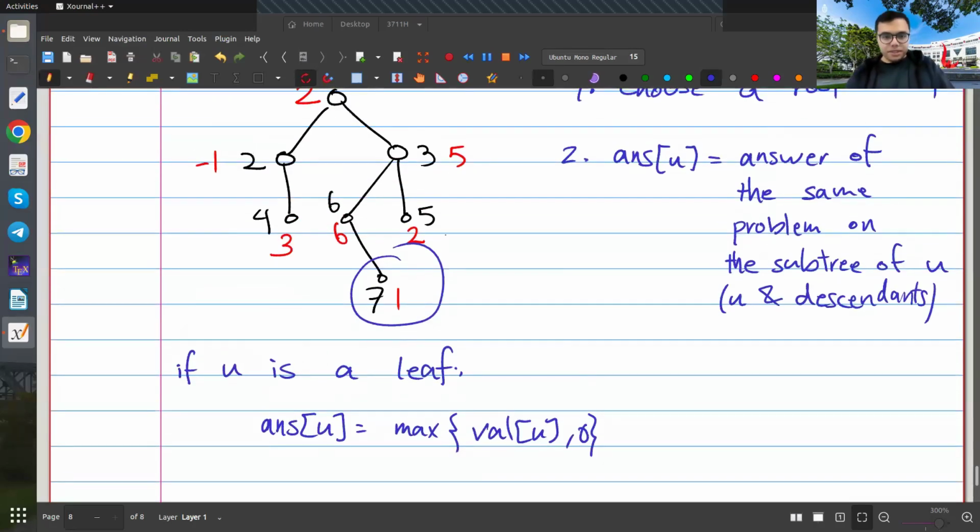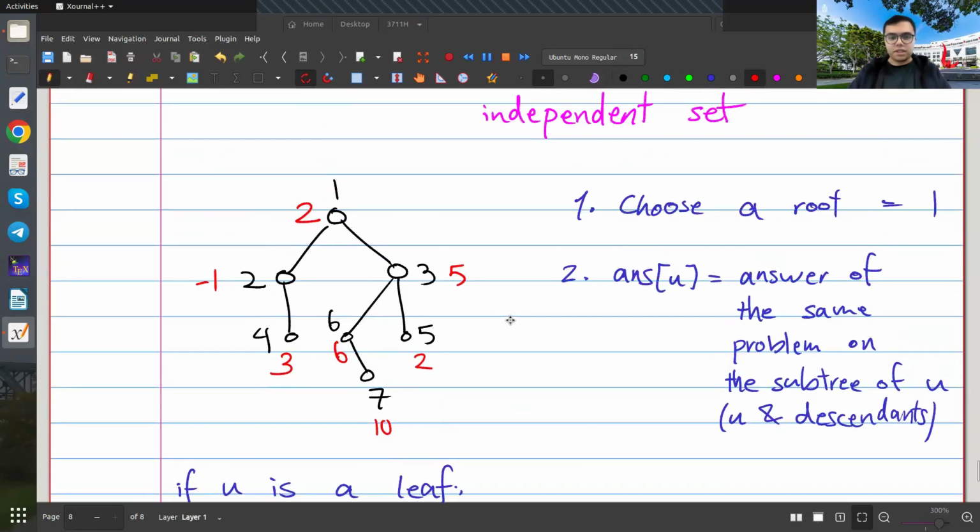But now, let's say that I'm looking at a non-leaf node. So this was 7. Let's give this cost of 2. Let's give this one, I don't know, a value of 10 now. Okay. Let's say I'm looking at a node here. For example, I'm looking at node 3.